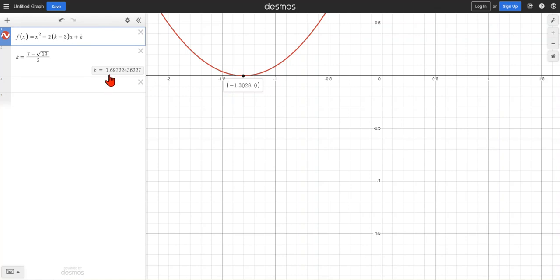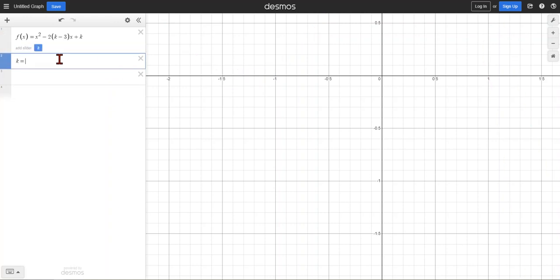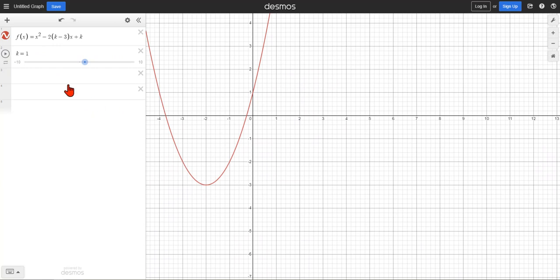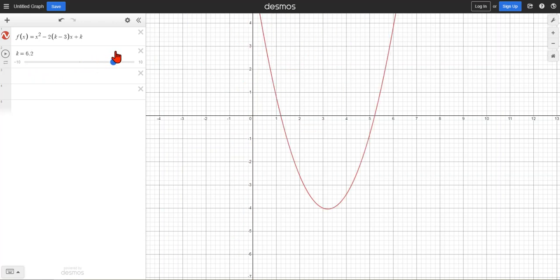But notice the value for k to 3 sig figs is going to be 1.70, 1.6972, right? And if I didn't have a k value, if rather I just had my slider for k, I could see that depending on the value for k, I might have more than one solution, I might have no solutions, or I might have only positive solutions, right?